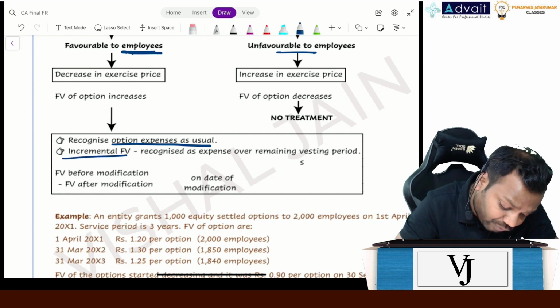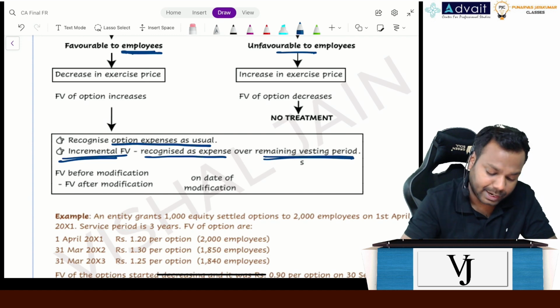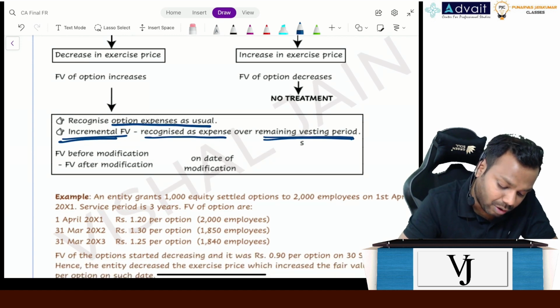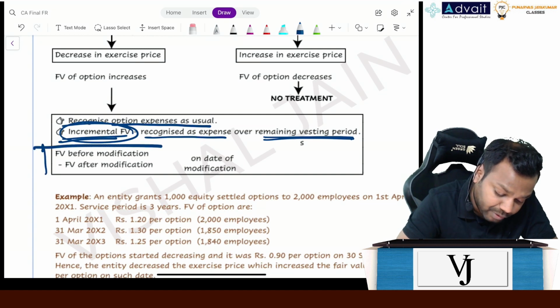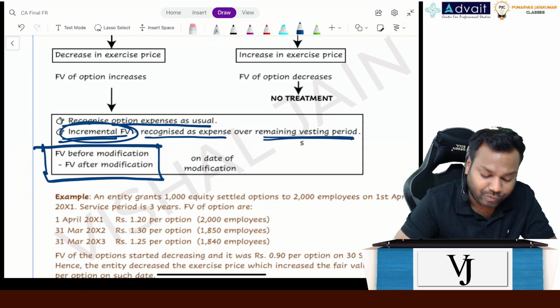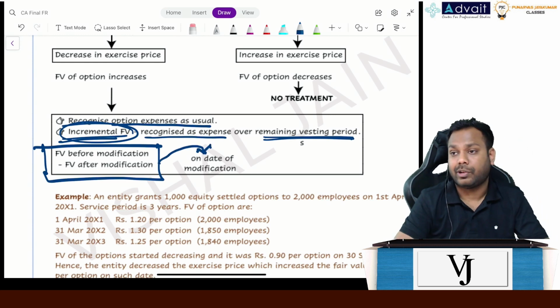Then recognize the incremental fair value as expense over the remaining vesting period. Now what is the meaning of incremental fair value? It is the fair value after modification minus the fair value before modification, on the date of modification.